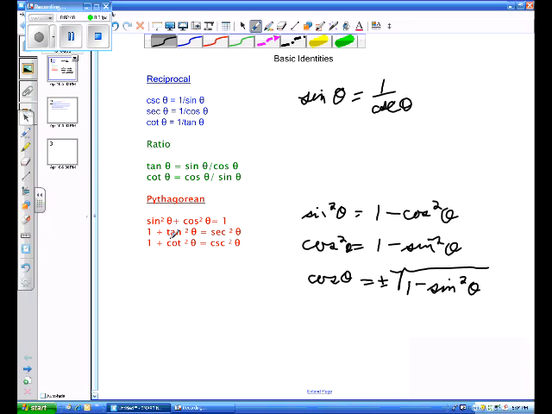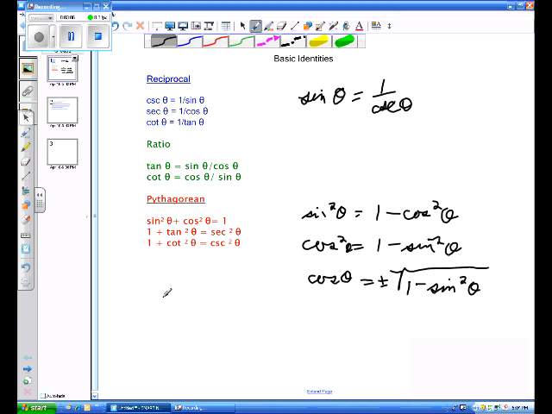We could do the same thing with the other two. We could say that tangent squared theta equaled secant squared theta minus 1, or 1 equaled secant squared theta minus tangent squared theta. And cotangent squared theta equals cosecant squared theta minus 1, or cosecant squared theta minus cotangent squared theta equals 1.